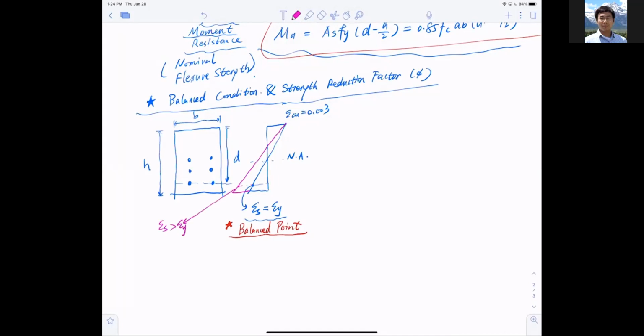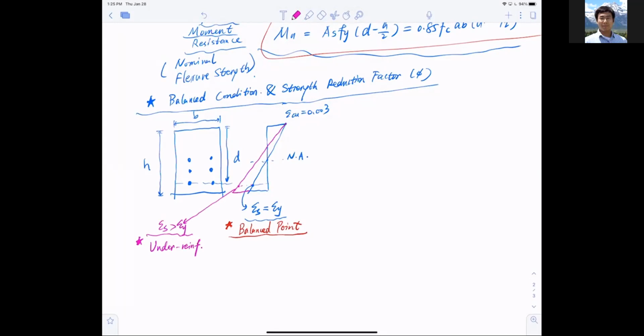This case we call under reinforced, meaning that the reinforcement is not too much. It's good. So I end up with my steel yielded at failure.